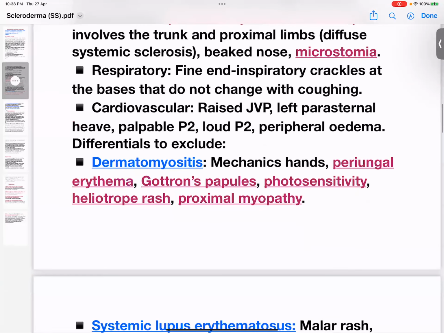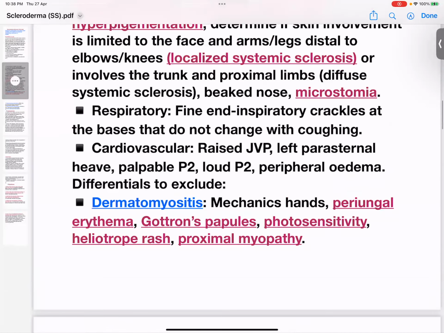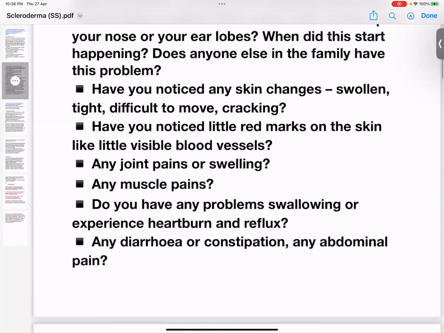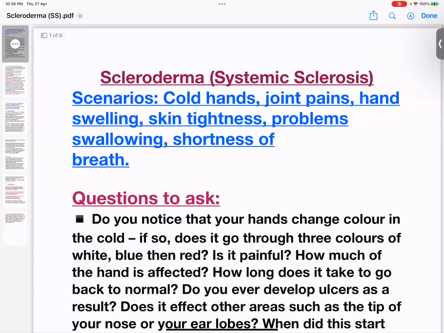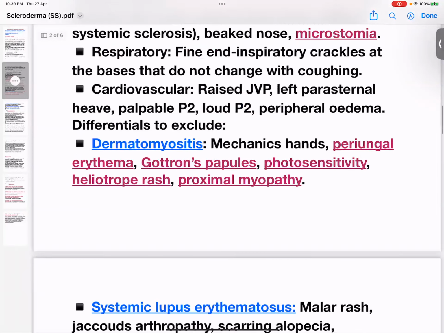In case of dermatomyositis, you will find mechanic's hands, V-shaped erythema, Gottron papules, photosensitivity, heliotrope rash, and proximal myopathy. So this is in case of dermatomyositis and how to differentiate between systemic sclerosis or scleroderma and dermatomyositis.